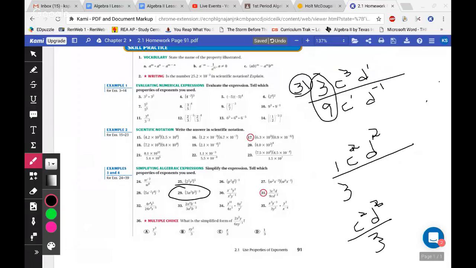Did you understand where I got the 1 minus minus 1 on the D, on the variable D? Okay. So basically what you're doing is breaking down each individual part, first the constants, you have to deal with those. And then you take each variable and you deal with each one individually. All right.